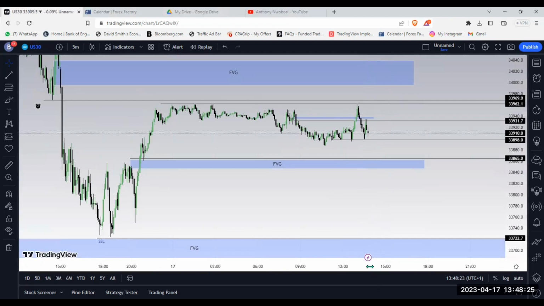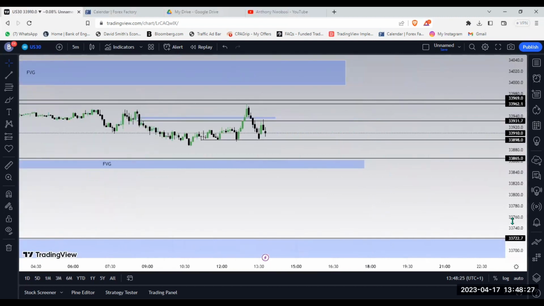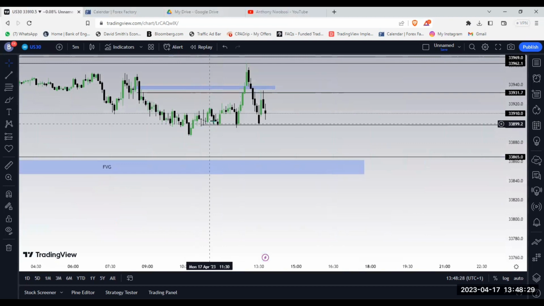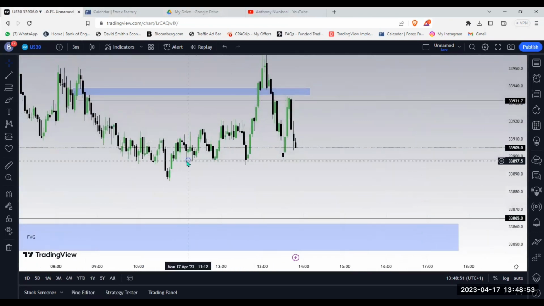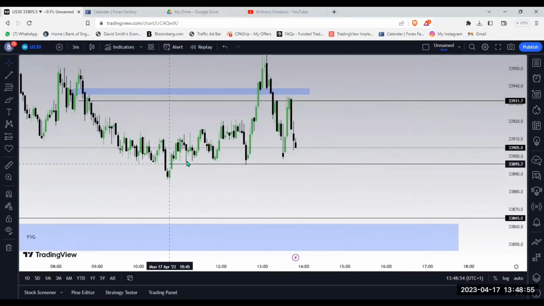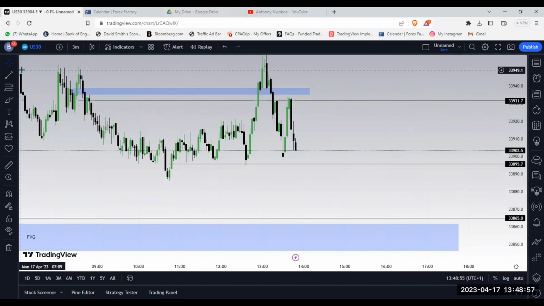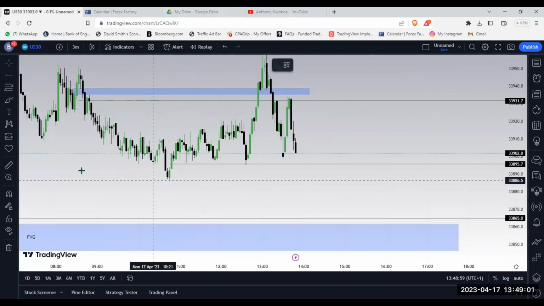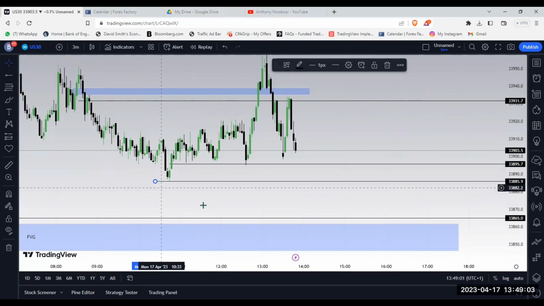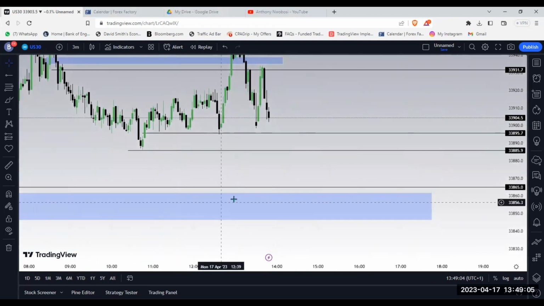If you can see here right now, you see how I marked this place. On the 1 minute, you see very well that this is a nice liquidity zone. So price may take out all this liquidity, and even this one as well, and even this one, but might not get to the FVG.